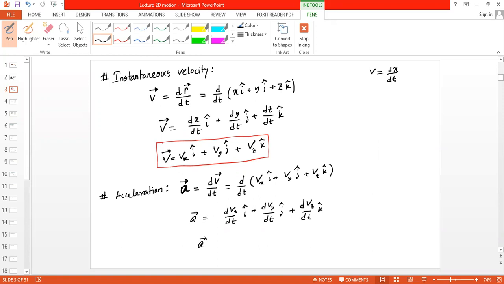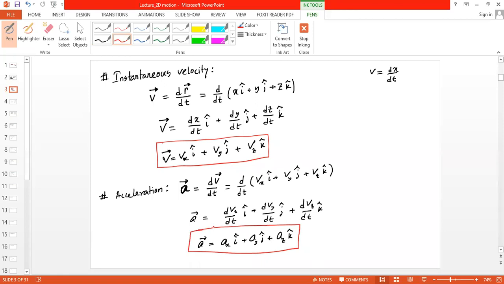So we can write a equal to the x component of acceleration a_x times i, plus dv_y by dt, which is acceleration along y direction, a_y times j, plus the z component of acceleration, a_z k. This is the expression for acceleration in 3D.